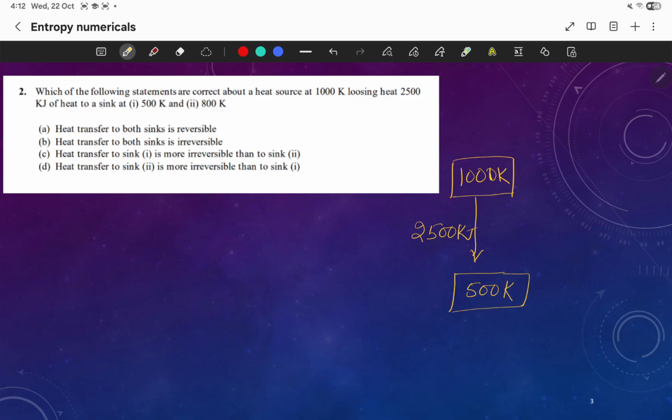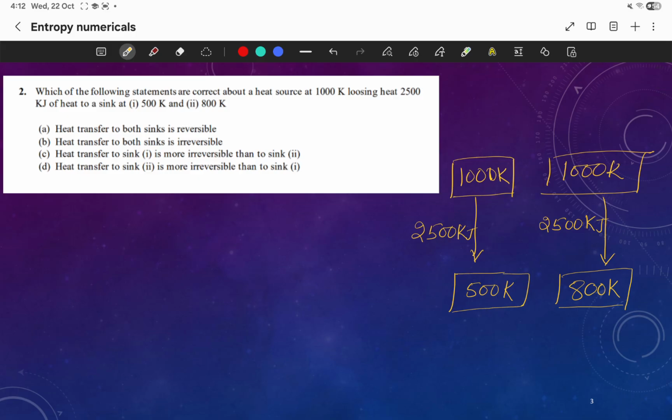That is, we have two cases, one is 500 Kelvin and one is this is losing heat at 800 Kelvin. Okay, so this is how much heat, 2500 kilojoule. Okay, now heat transfer in both sinks is reversible. Okay, fine. So let's try to recall now what is happening here.